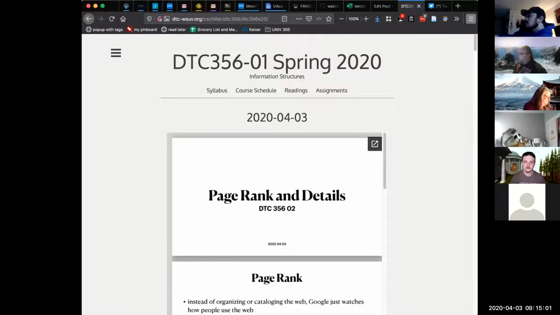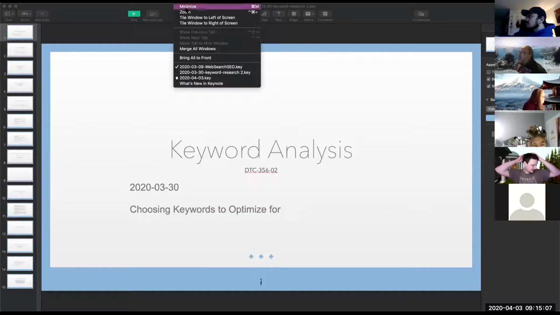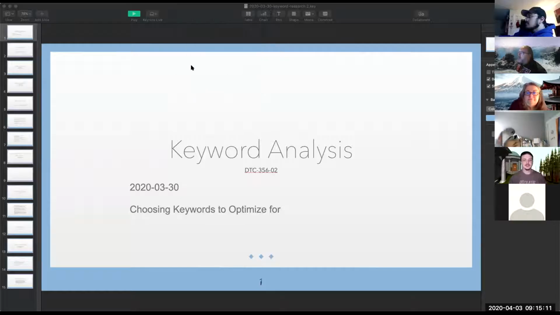Something that apparently isn't open anymore. So I'm going to switch to Keynote. And if I tell it to play, do you see the slide full screen? Yes. Okay. It is annoyingly full screen for me, but I'm just going to have to deal with that.